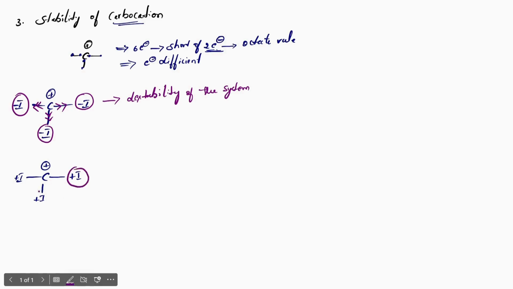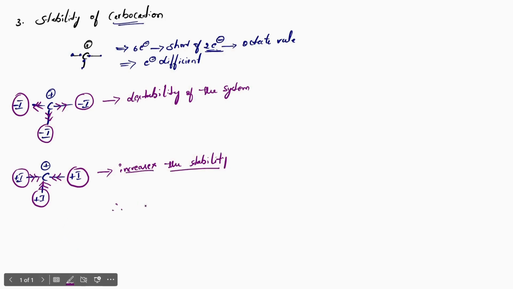These positive inductive groups will donate the electrons towards the carbocation which is electron deficient and increases the stability. All 3 positive inductive groups donate the electron towards the carbocation which is already electron deficient, so that it increases the stability of the system.